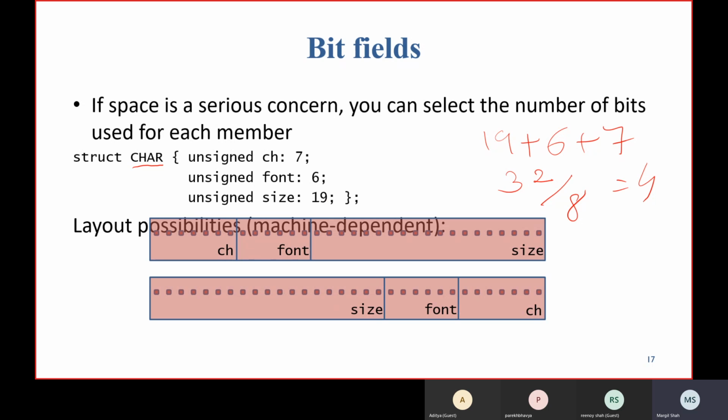But just imagine, instead of this 19 or this 6 or this 7, suppose we are using 15. So what happened with this? 4 bits will be less, and it is 28. In that case also it is 3 point something, but ultimately it may hold 4 bytes, right?